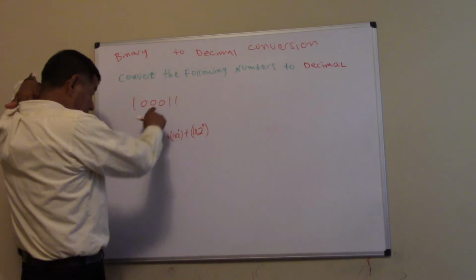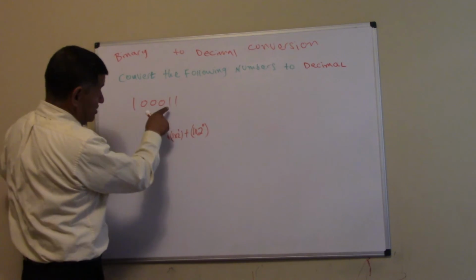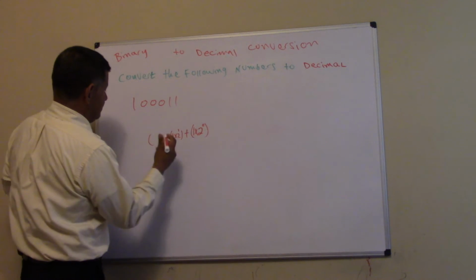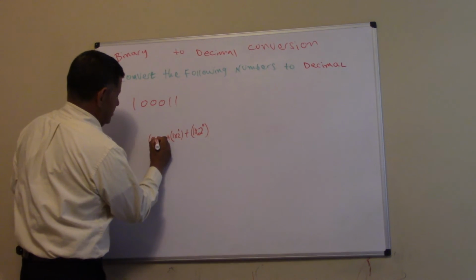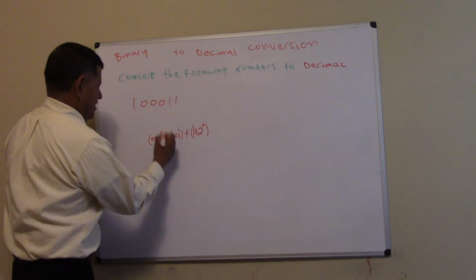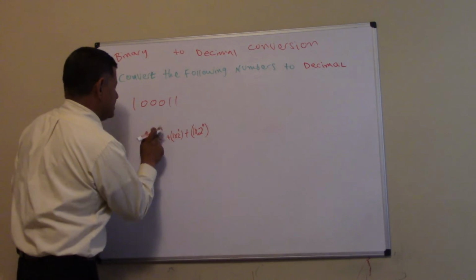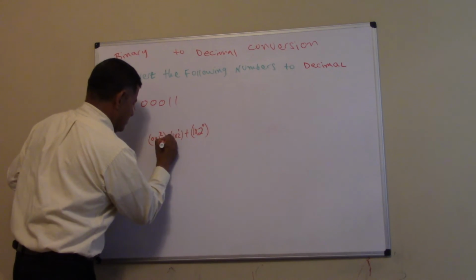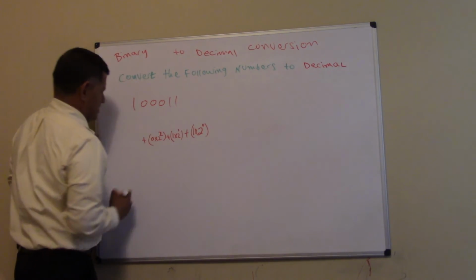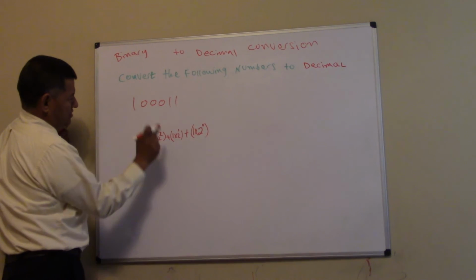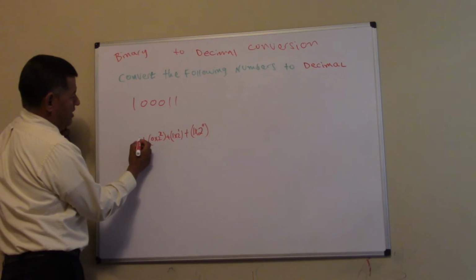Over here I multiplied by 1 because I had 1 in there. Now you're going to multiply this by 0, so 2 to the 3rd power, I'm sorry, to the 2nd power. That's the 2nd power.